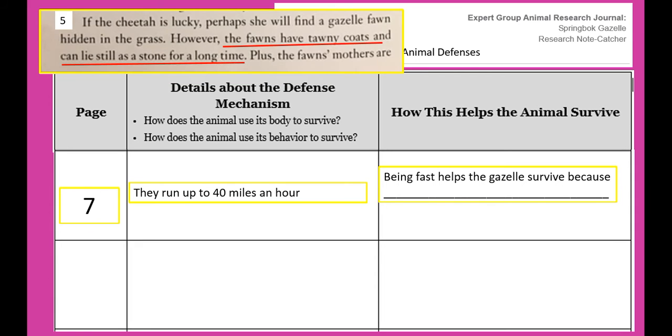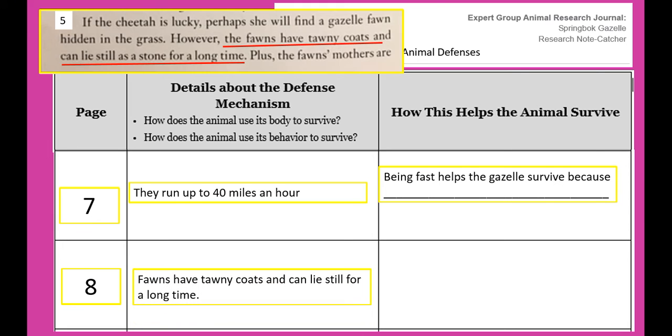Okay, moving on. In paragraph 5, on page 8, we read that fawns have tawny, or light brown color, so the same color as the grass. The fawns have tawny coats and can lie still as a stone for a long time. So that means that the baby Springbok gazelles have light brown fur, and so they blend in with the grass, and they can also lie very, very still as a stone for a long time.